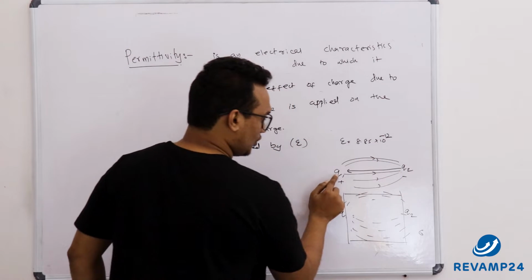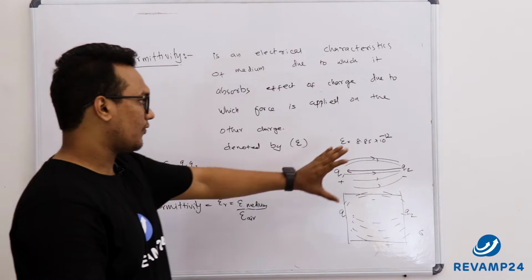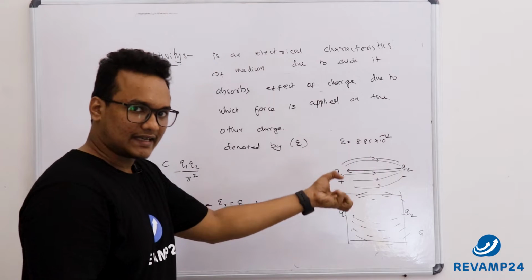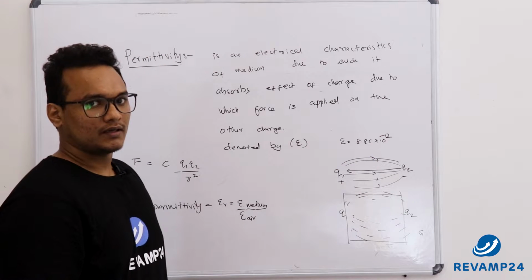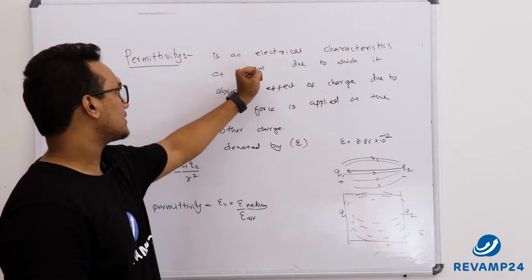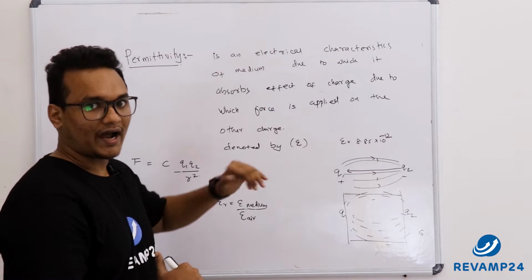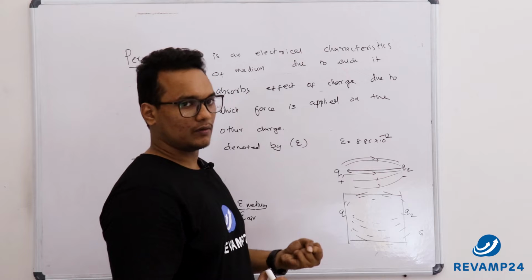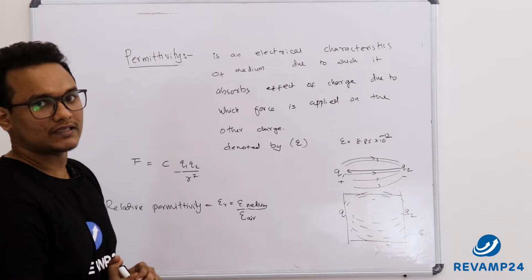Now Q1 is applying a force on Q2, that is the effect, right? So this force will be decreased. The reason is that field lines are absorbed, and this property of a material is called permittivity.